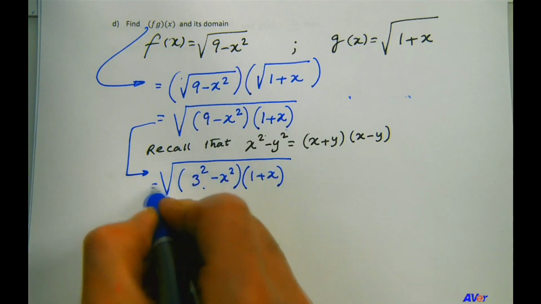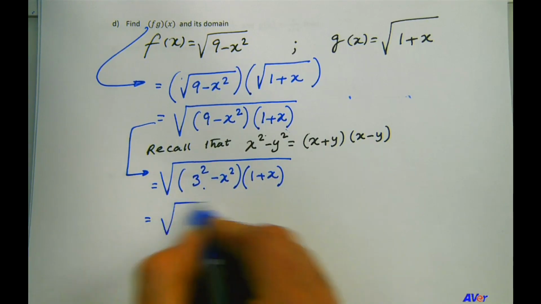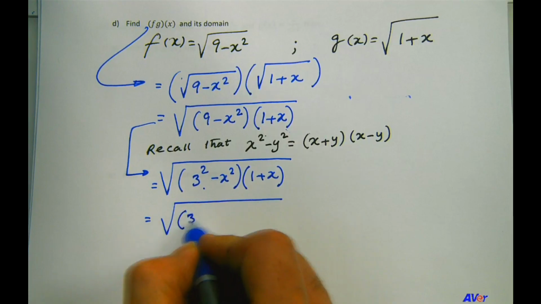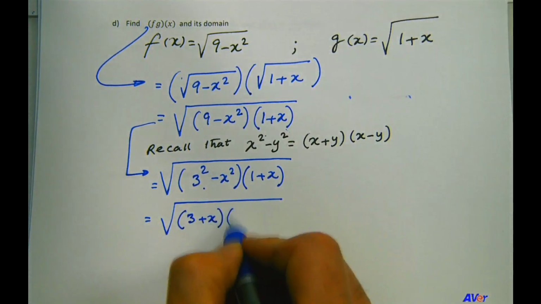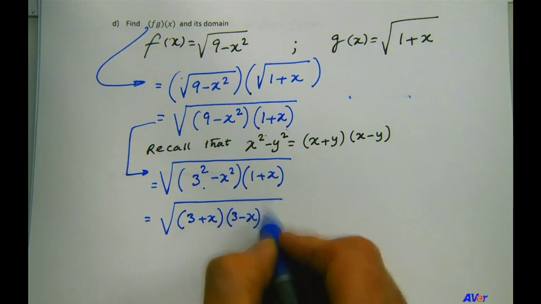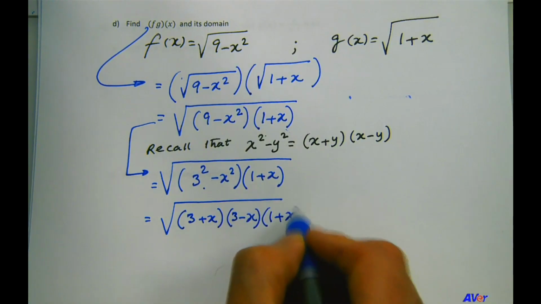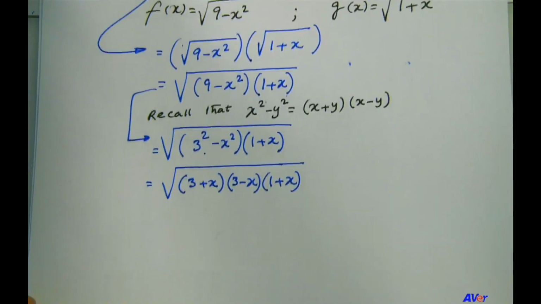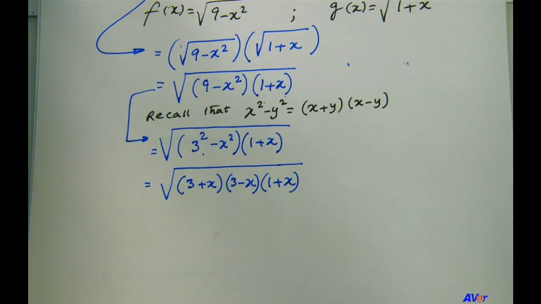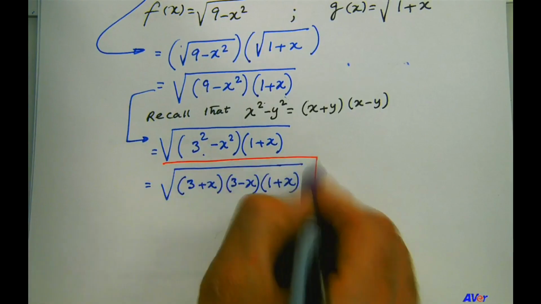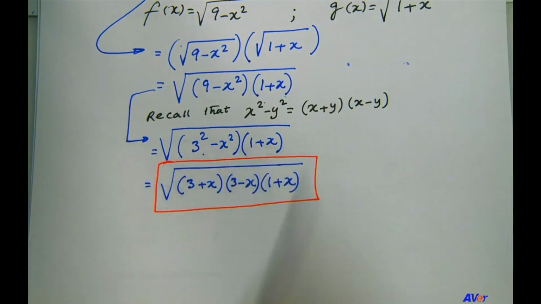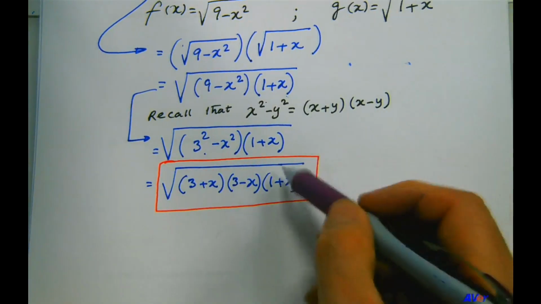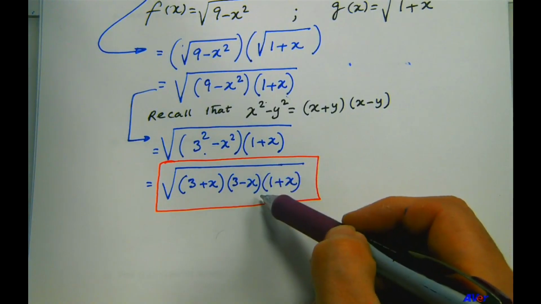Okay, so let's do that: 3 plus x times 3 minus x times, of course, 1 plus x. Okay, so that is our combined function in factored form, right?